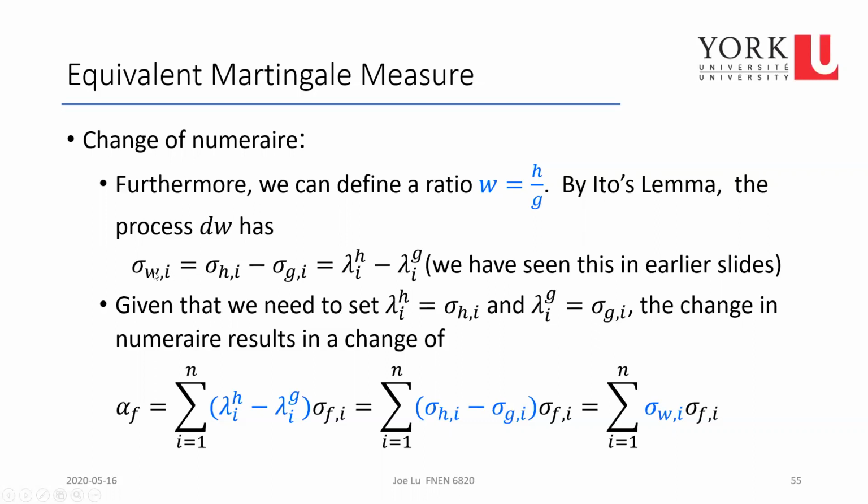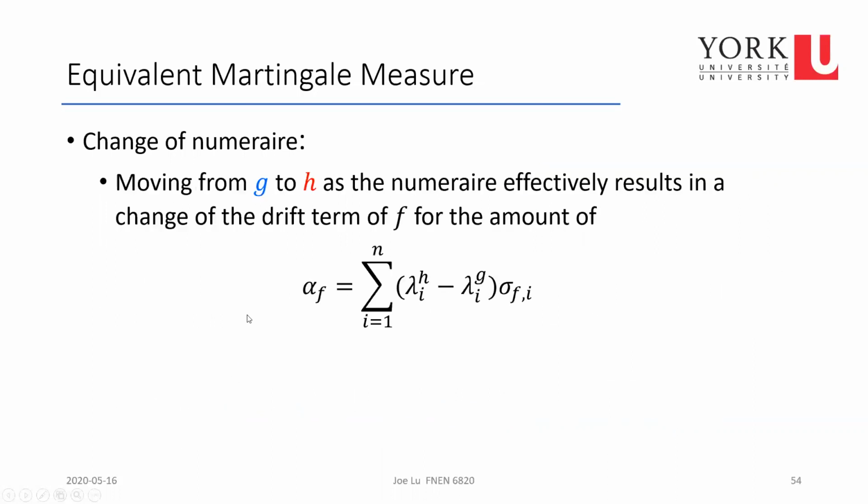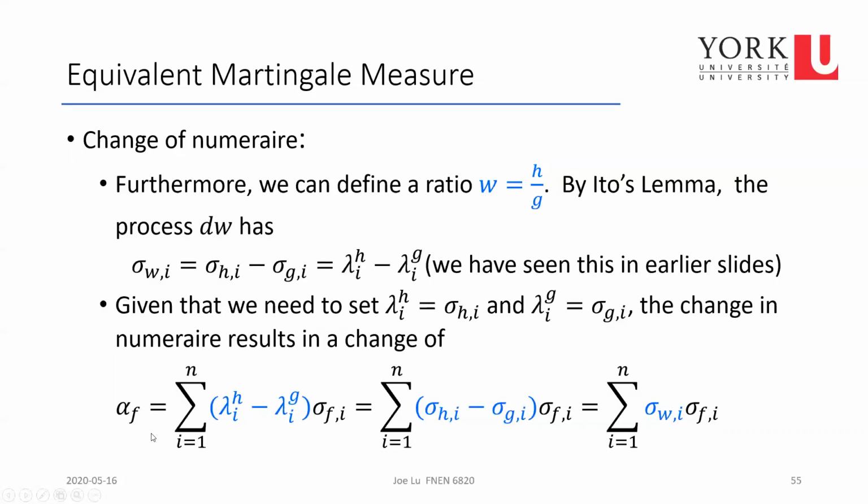Now, so you have this. What happened is this alpha F, which is the term we defined here as a change of the drift, is really the sum of this part. All those lambda are the risk price, basically the volatility.